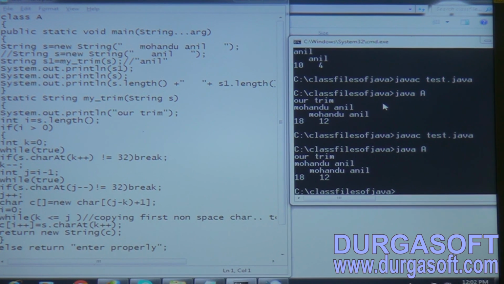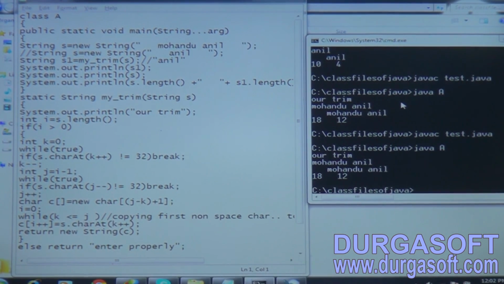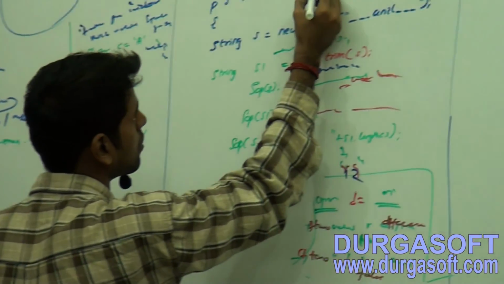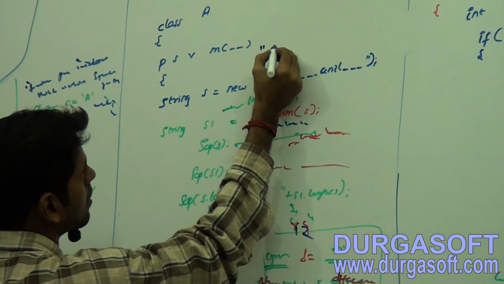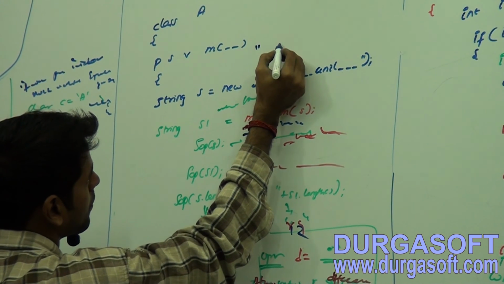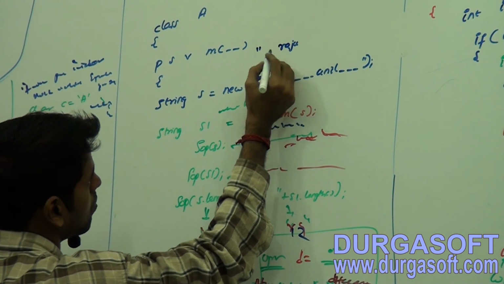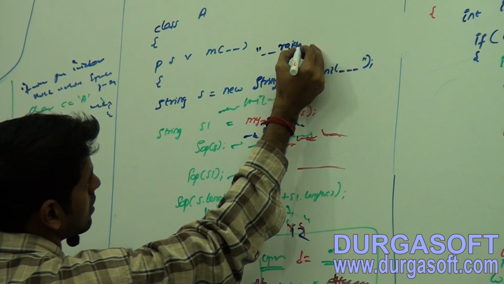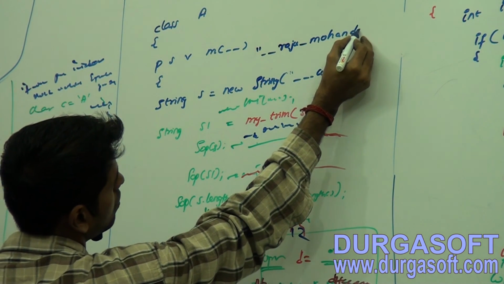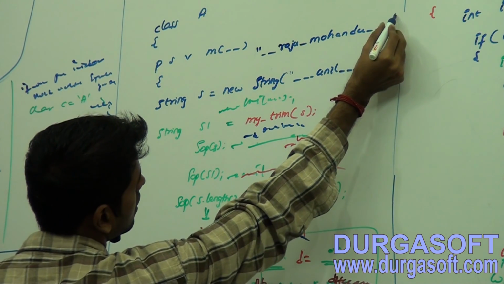Let me take one more simple example, so that I can rectify myself. Now observe here. Let me take a string called s as Raju Mohandu. Let it be 2 spaces, then Raju Mohandu, and just 3 spaces.